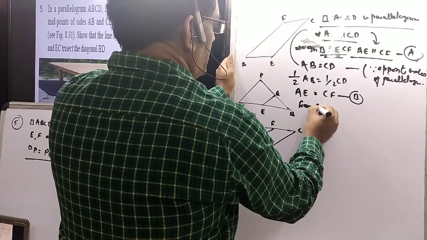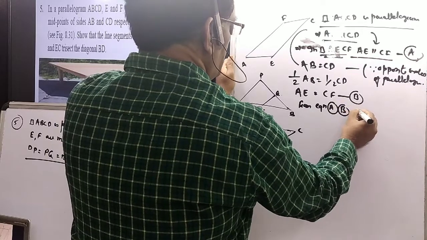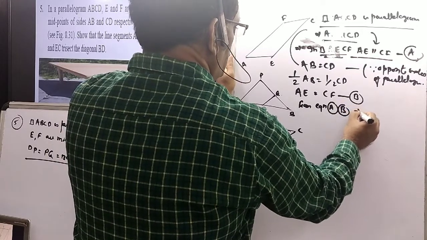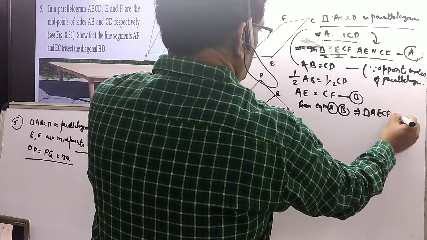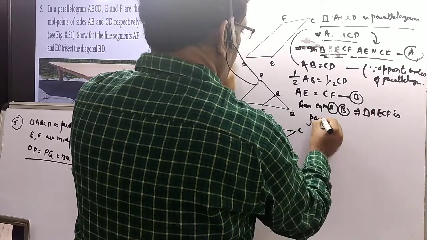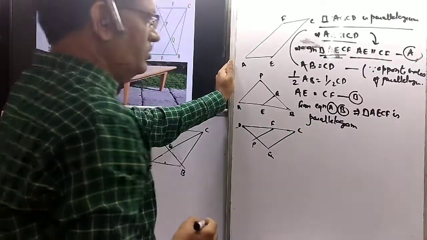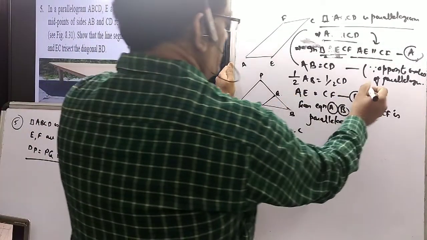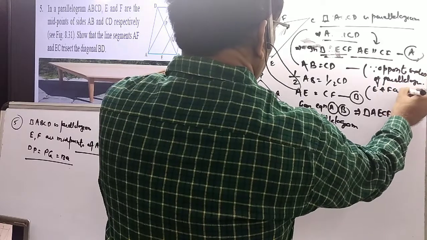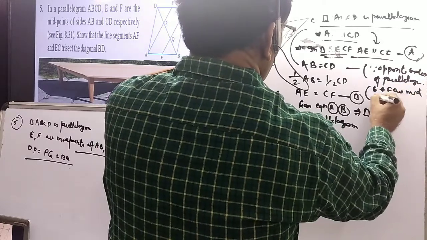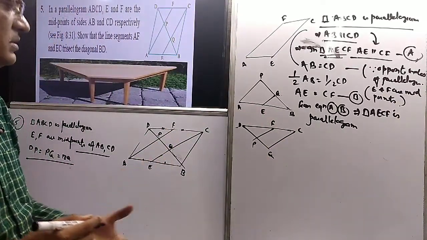So from statements A and B, what do we conclude? We conclude that quadrilateral AECF is a parallelogram. The reason for this is that E and F are the midpoints of the respective sides AB and CD.